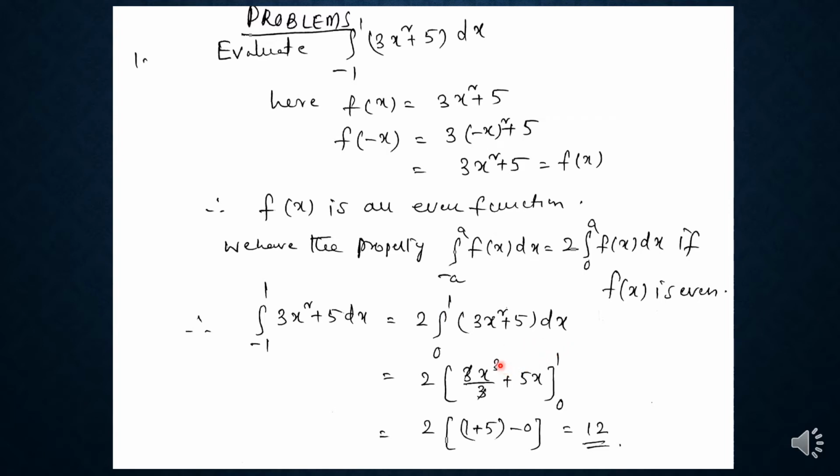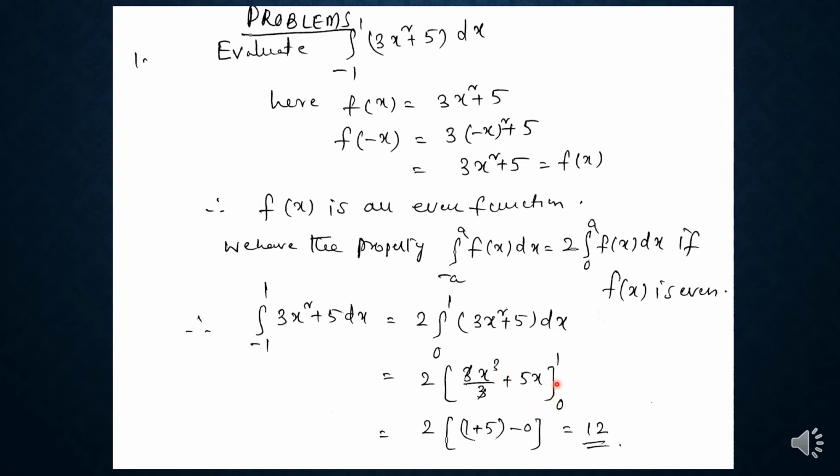Now by integrating these terms separately, 2 times [3 times x cubed by 3 plus 5x] from 0 to 1.